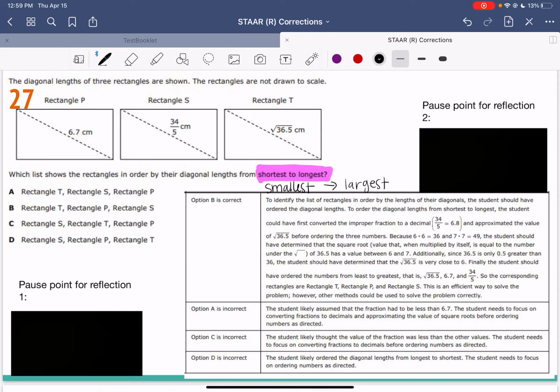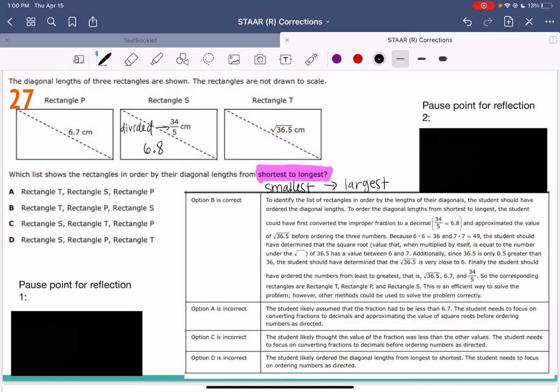So first what we're going to do is turn each of these numbers into a decimal that is comparable to one another. So 6.7 is already a decimal that we can look at normally. And then with 34 over 5, 34 divided by 5 is 6.8.